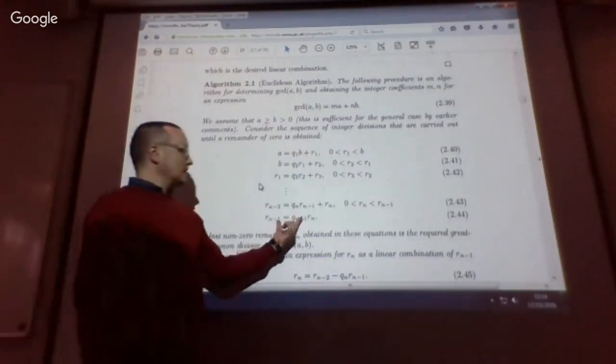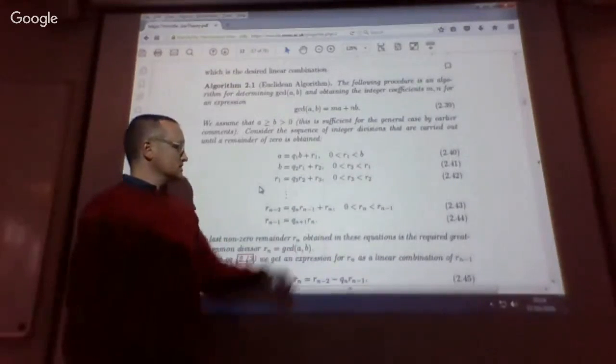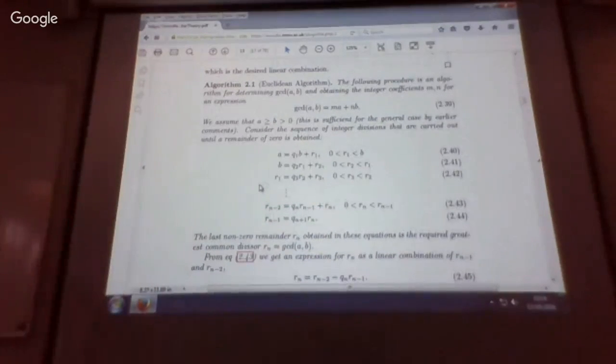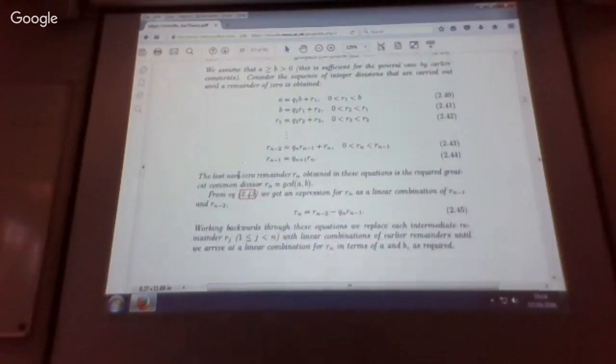And eventually you get clean divisibility. You end up with a remainder of 0 down here. So the GCD is this number, Rn. And then it talks a little bit formally about how you do the reverse substitution process to get the required linear combination.